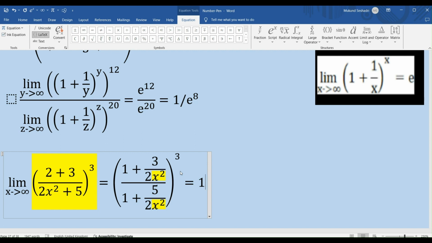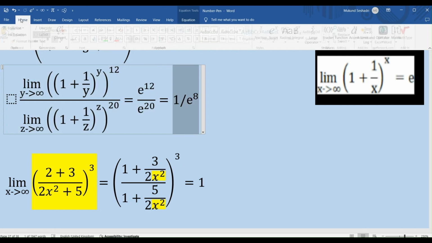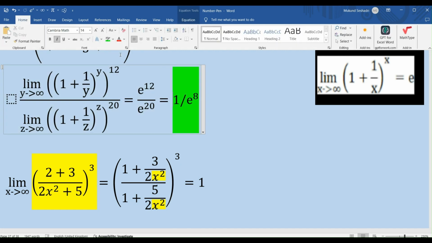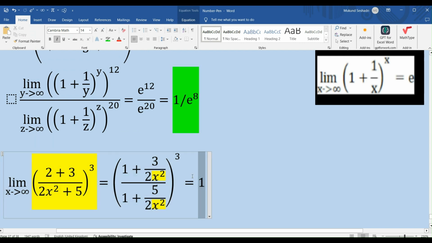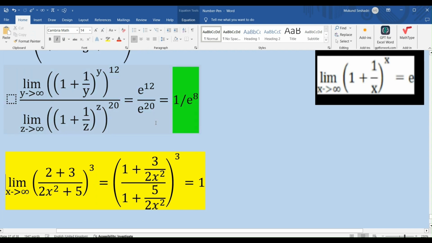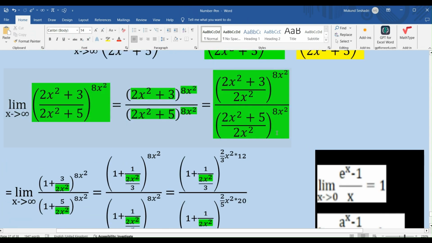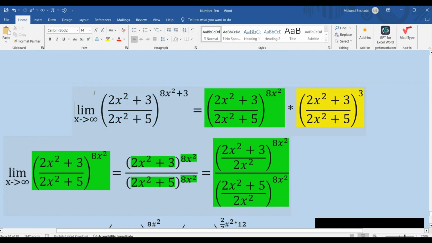So our final limit is a product of what we saw as a solution for the green part of the expression, which is this. Let me highlight this, which is my green part of the expression. And what we have for the yellow part of the expression is a 1. So when we do a product of that, we know that the limit of this expression, let me write this again, folks.